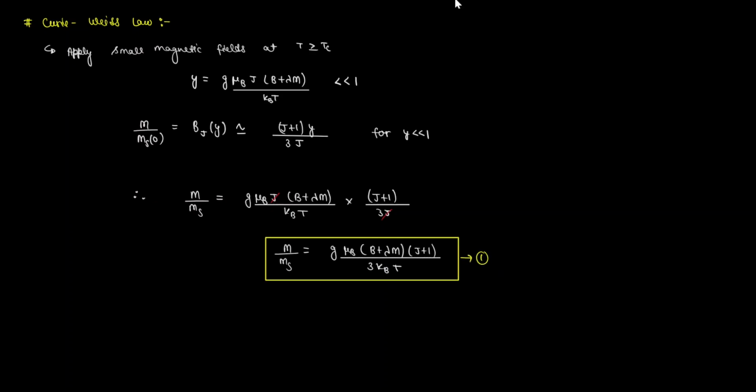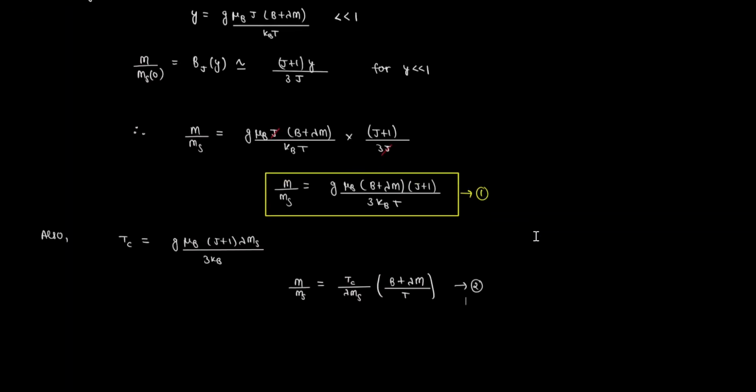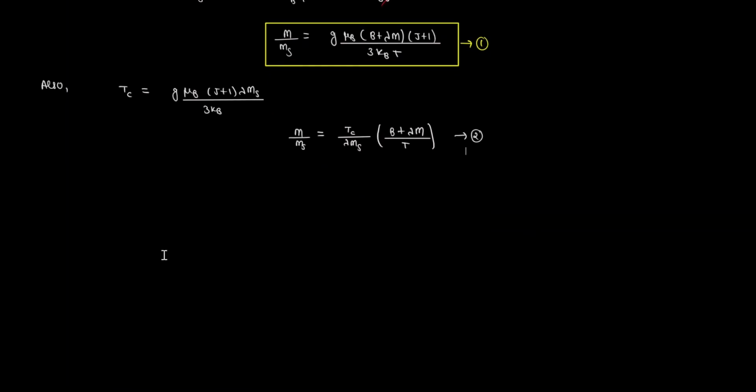Also, if you remember, we have defined Tc as g mu_B (J+1) lambda Ms divided by 3kB. So equation 1 can be written in terms of the Curie temperature as, and rearranging will give.